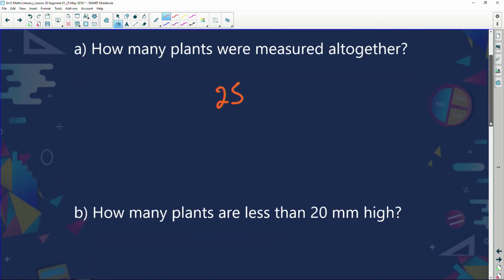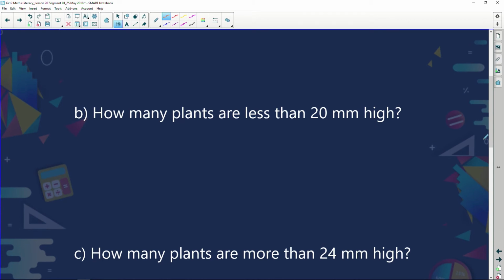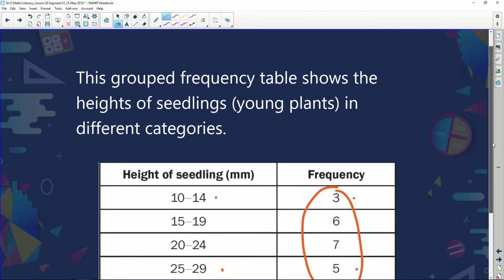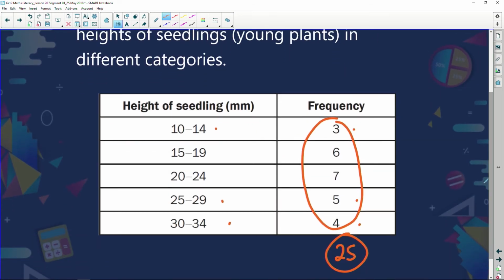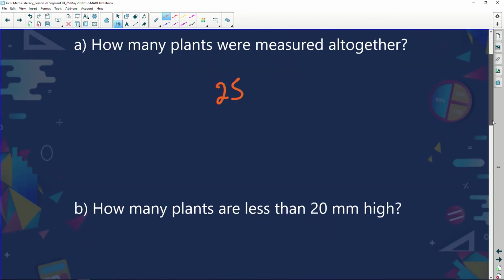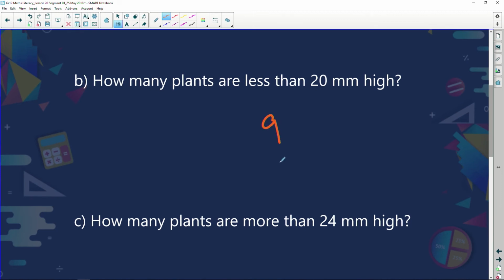How many plants were less than 20 millimeters high? All right, so let's go, what's less than 20? These guys are less than 20. This guy's 20, so it doesn't count because the question is less than 20. Less than 20 are these, which is going to be 3 plus 6, which is 9 plants less than 20 millimeters.